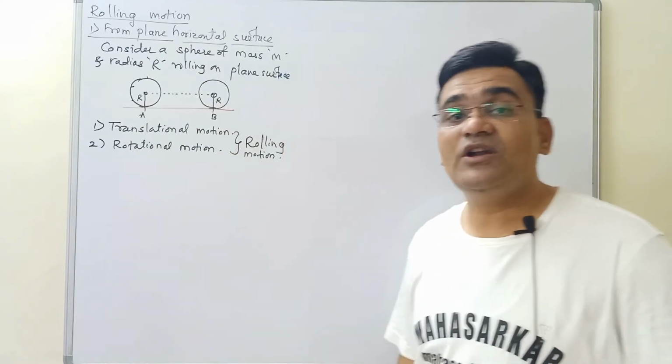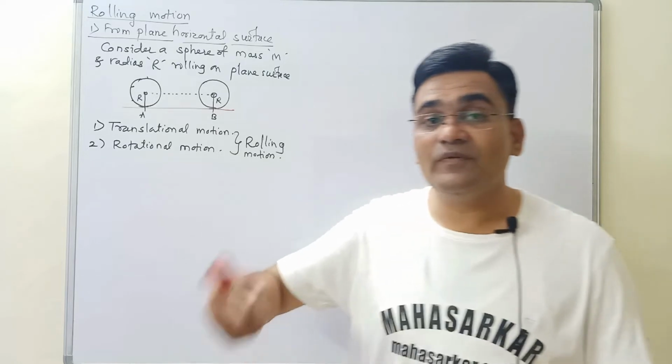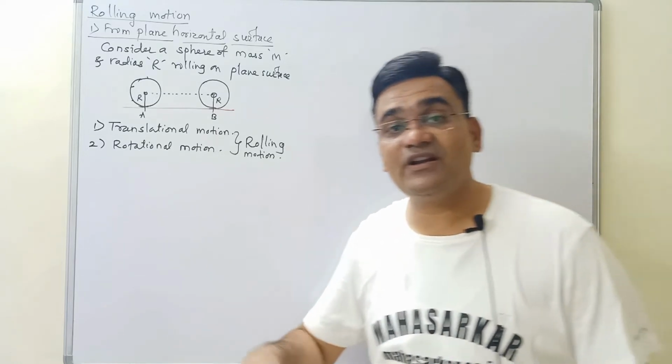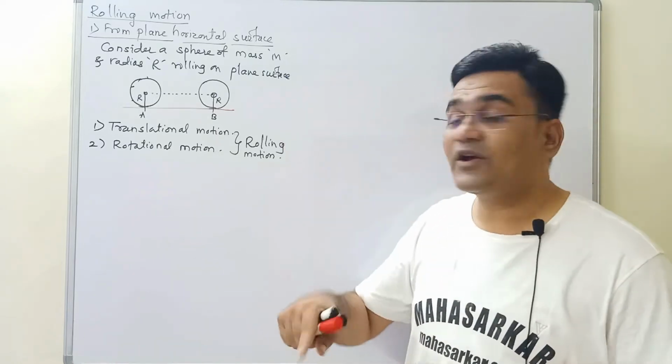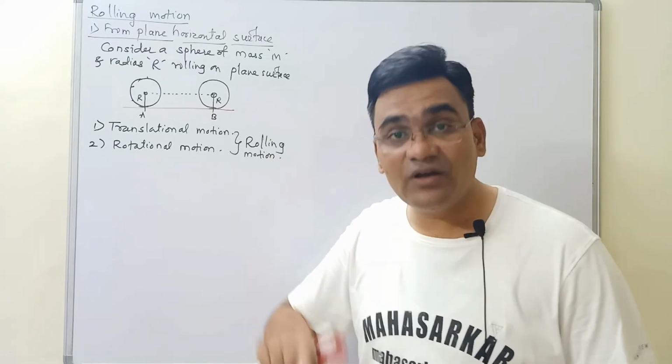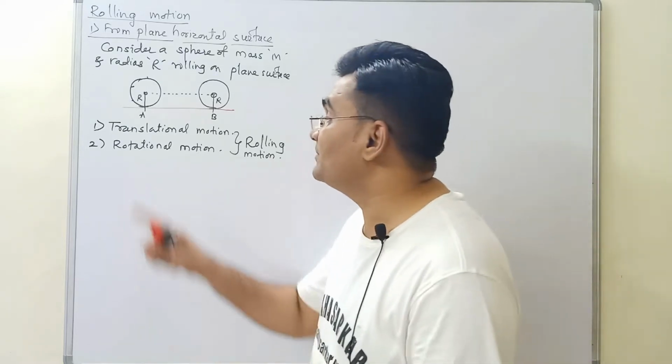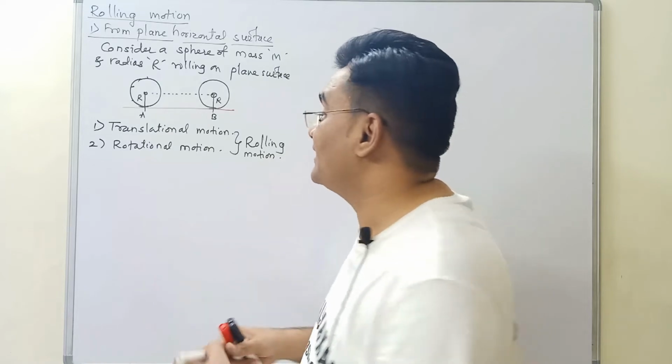So here only what is happening? The object is moving from one place to another with certain mass, velocity, angular momentum, angular velocity, so some parameters of both these motions are to be discussed simultaneously.